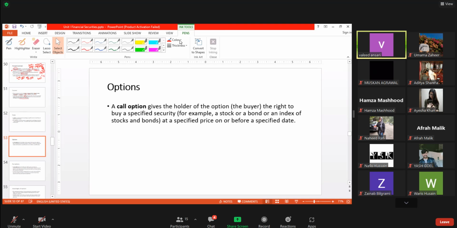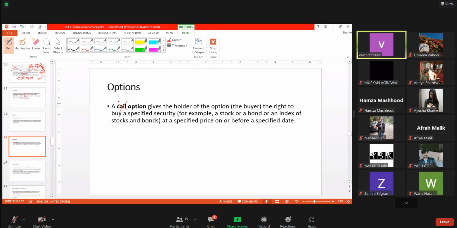Similar to this type of contract is an option.